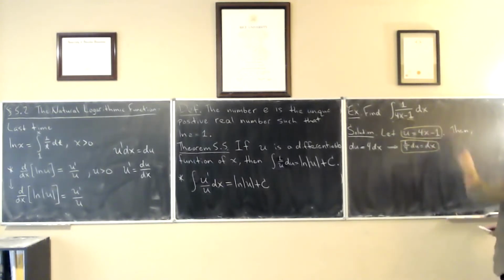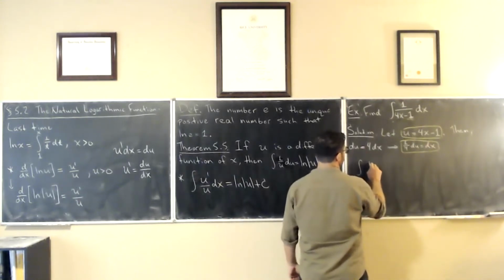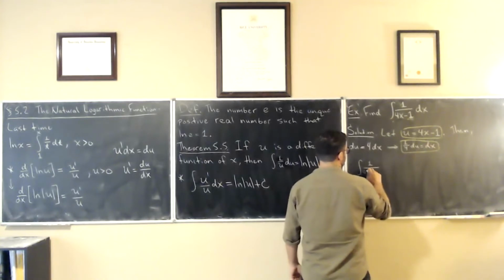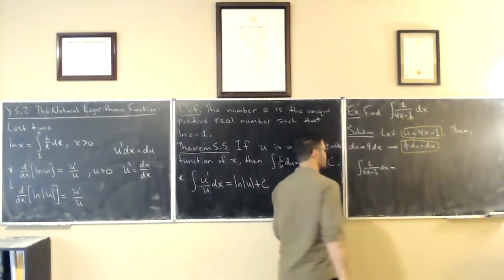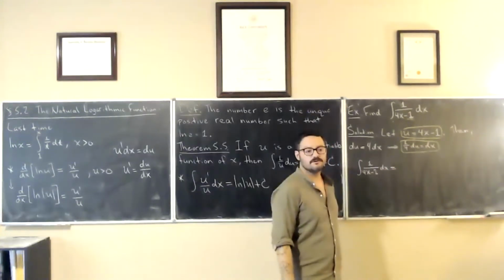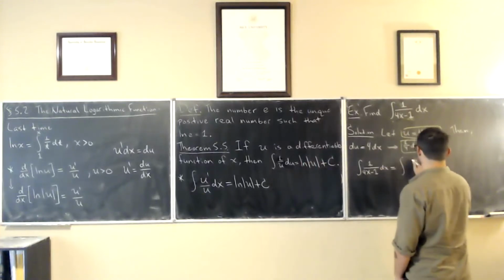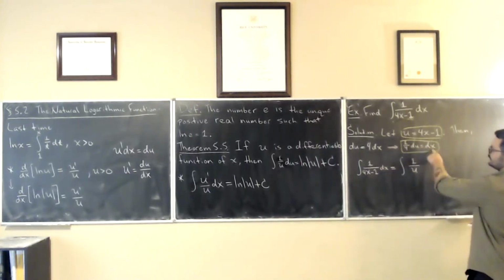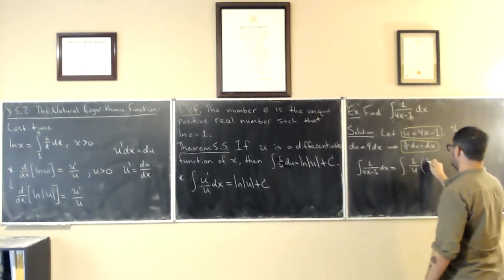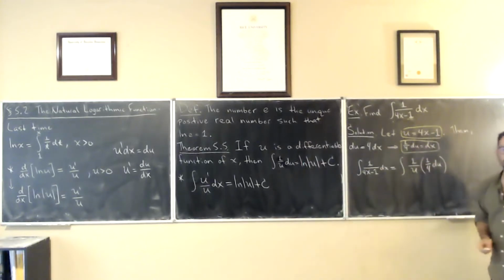So with that, I can now rewrite this integral of 1 over 4x minus 1 dx in terms of u. So this becomes the indefinite integral of 1 over u times dx. But dx is going to be 1/4 of du.